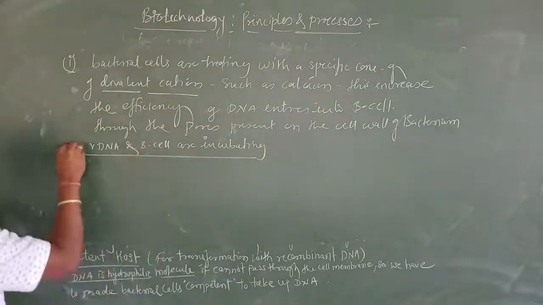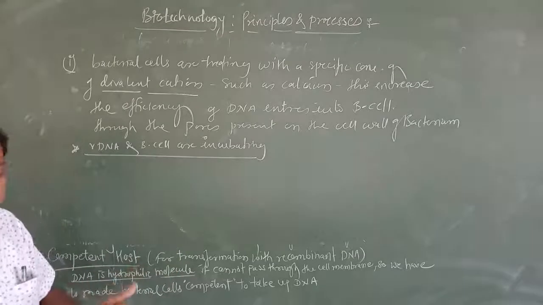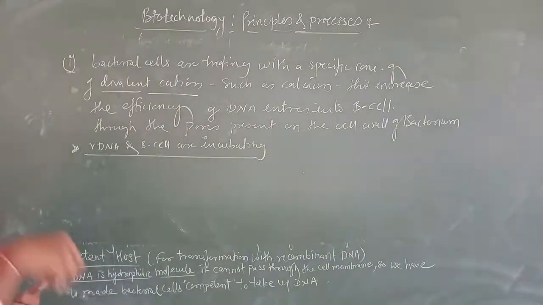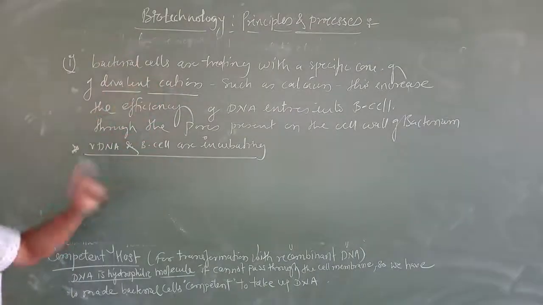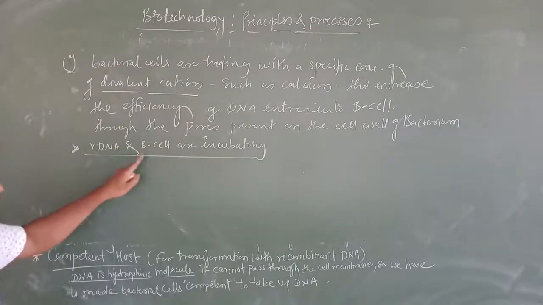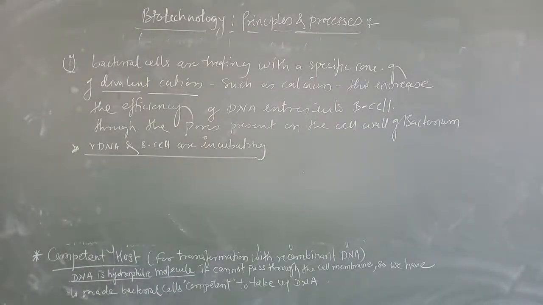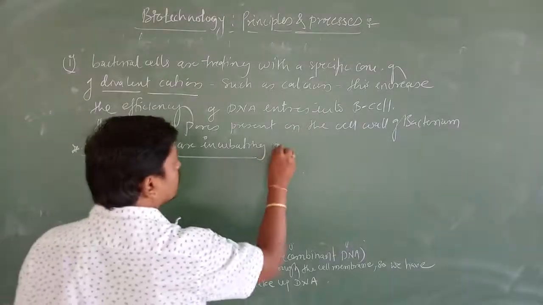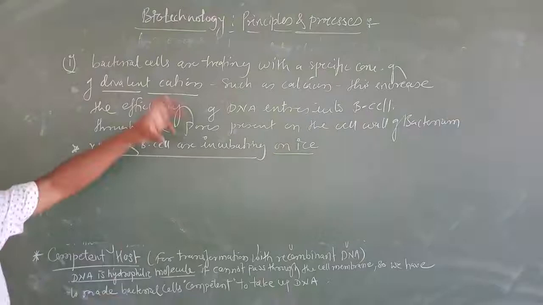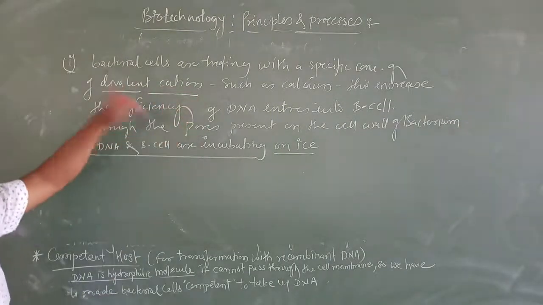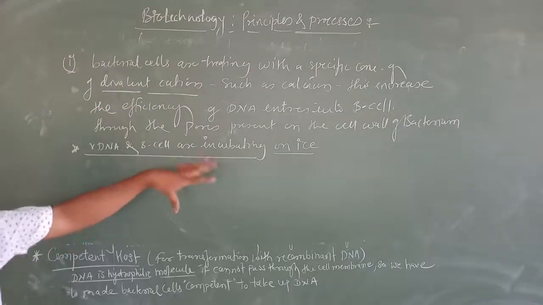What I am telling you is, first you treat the bacterial cells with calcium, the divalent cation. Then those bacterial cells and rDNA are incubated on ice. That is, you put together the cells treated with the divalent cation and the rDNA on ice.